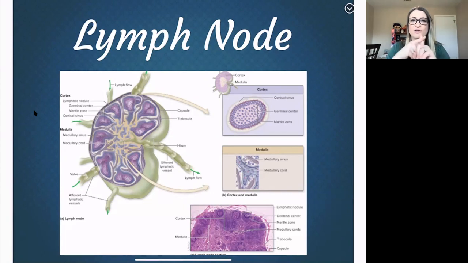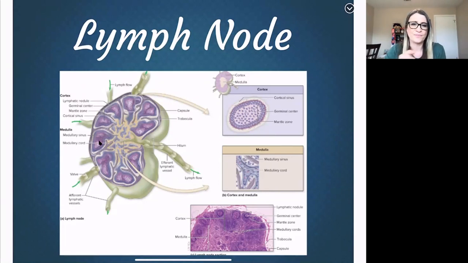Usually there is only one efferent lymphatic vessel. Sometimes there might be 2. That can happen, but mostly lymph nodes are going to have just one efferent lymphatic vessel, while they have a lot of afferent lymphatic vessels. And you see that there is a capsule on this. I've mentioned that this is an organ, so it would have a complete capsule here.